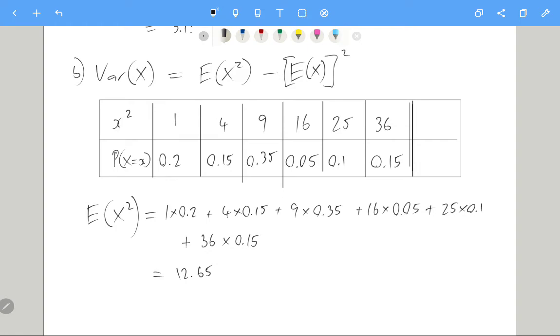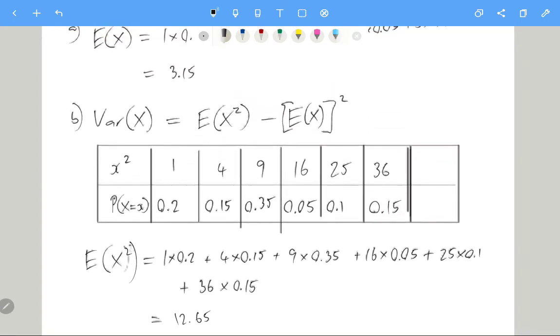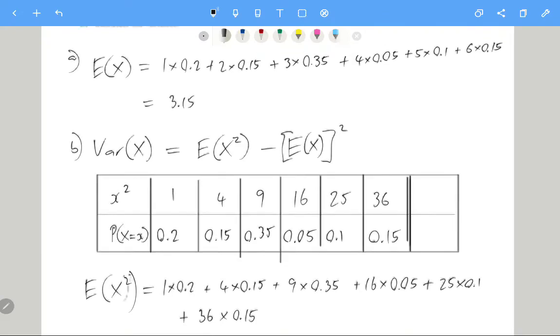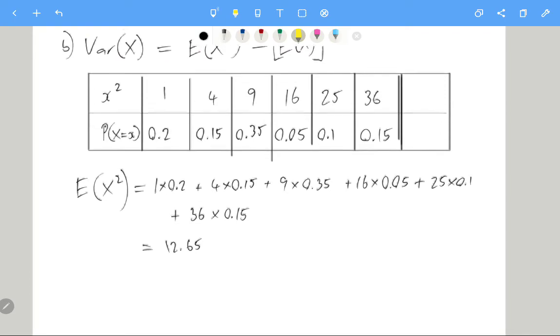Alrighty, so I've now worked out the expected value of x squared, and I've also worked out the expected value of x, and now I just need to use the formula. So let's go through and do it.